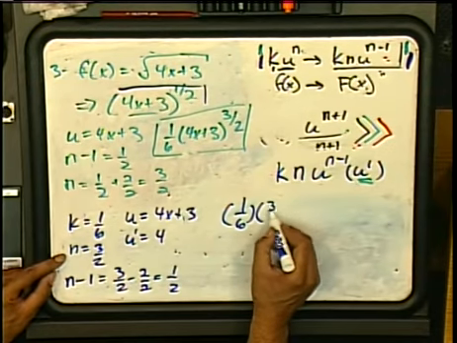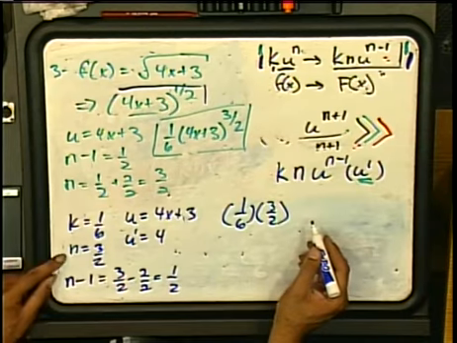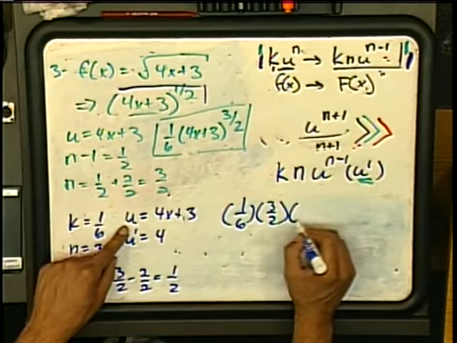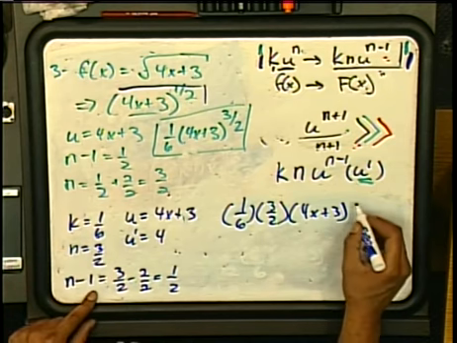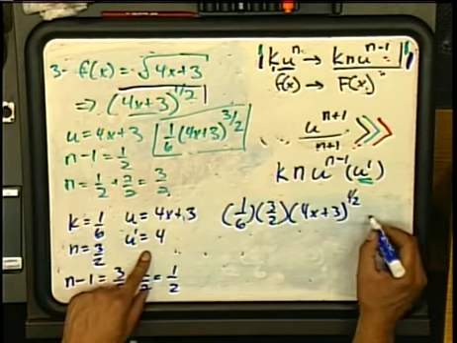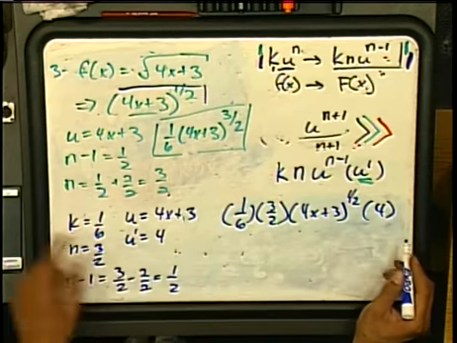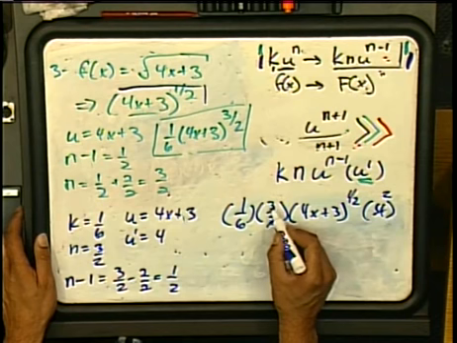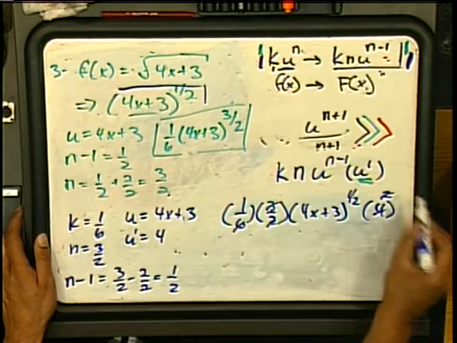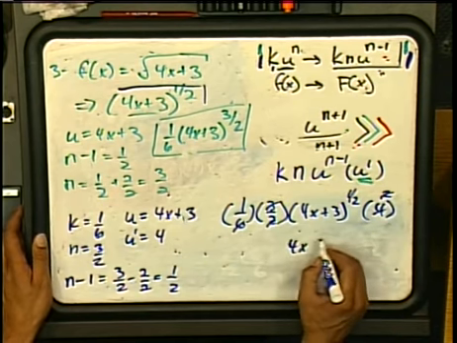N is 3/2. U is 4x plus 3. N minus 1 is 1/2. U prime is 4. So this is 2. That's 6. That 6 cancels both of those out. So you're left with 4x plus 3 to the 1/2.